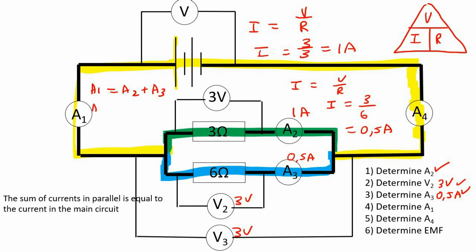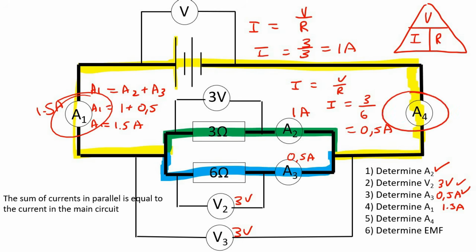So A1 is equal to 1 plus 0.5, which gives us 1.5 amps. Now, the next question says calculate A4, but A1 and A4 are going to be the same because they are both in series, so that is going to be 1.5 amps.